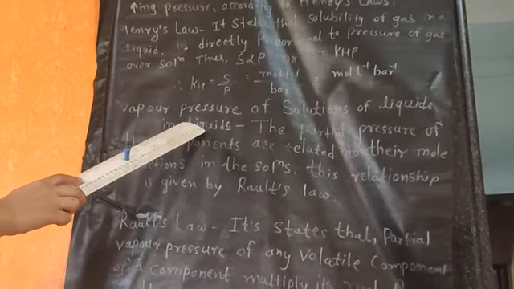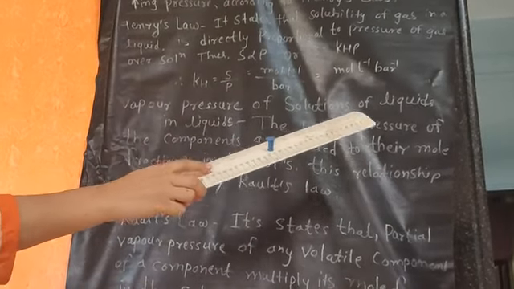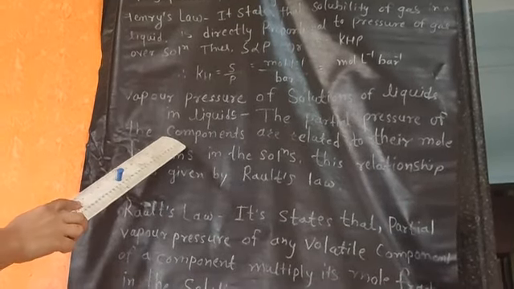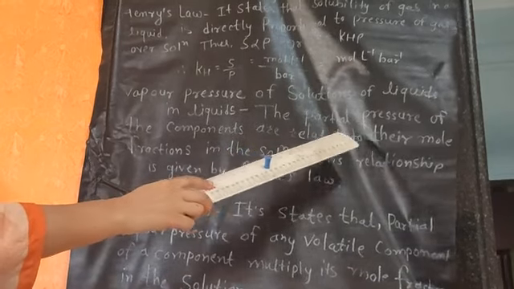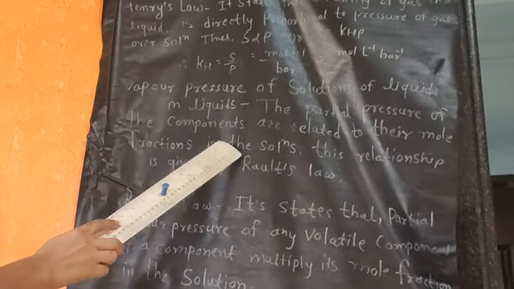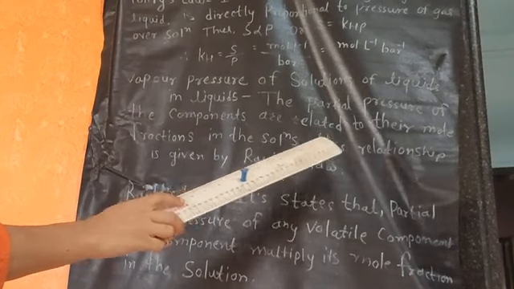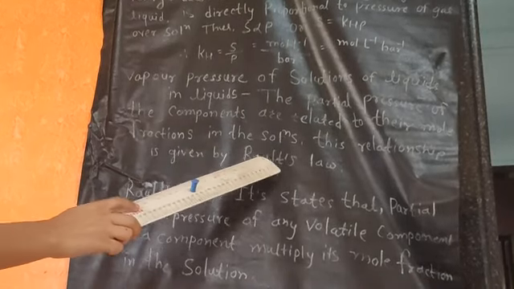Next point is the vapor pressure of solutions of liquids. In a liquid solution, the partial pressures of the components are related to their mole fractions in the solution.